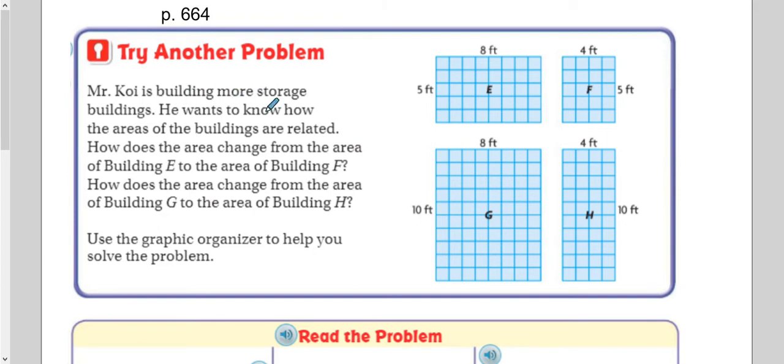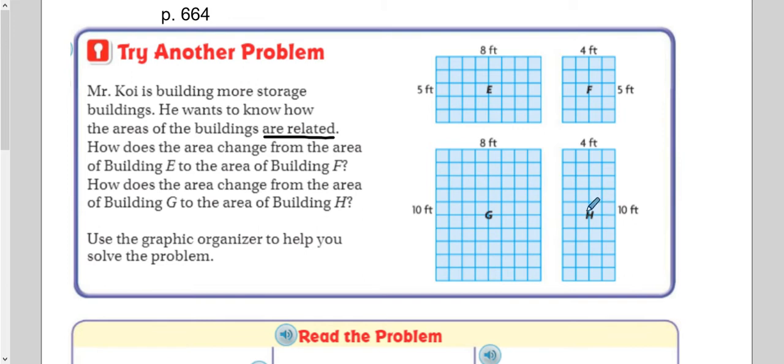He wants to know how the areas of the buildings are related, or finding a pattern. How does the area change from the area of building E to the area of building F? And how does the area change from the area of building G to building H?